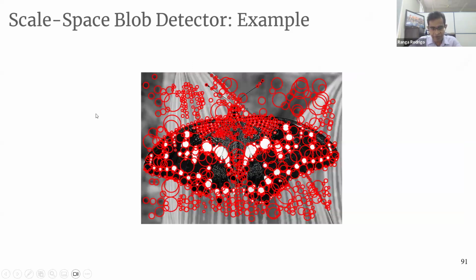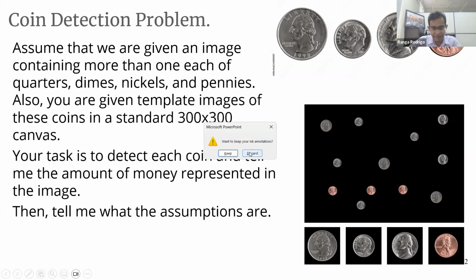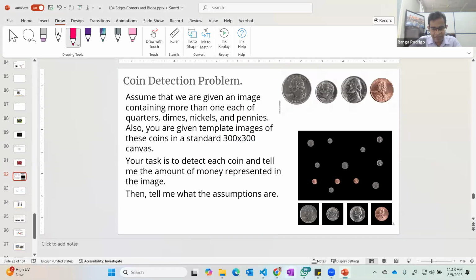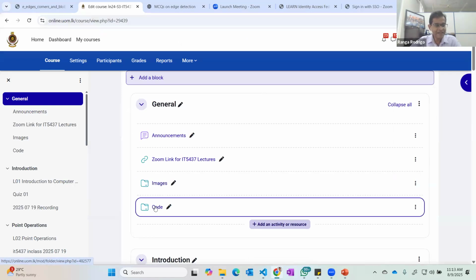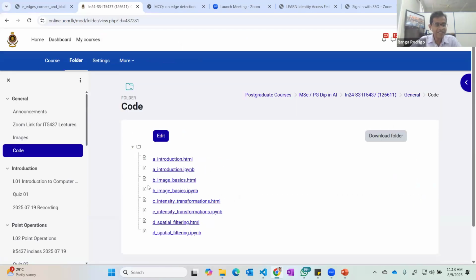Maybe I'll show you some code. Before that, I will point you to the module, because now I have put all the code files in a slightly better arranged way. Images are here, code files are in this folder. I have given the HTML format also, because then you can quickly see them.